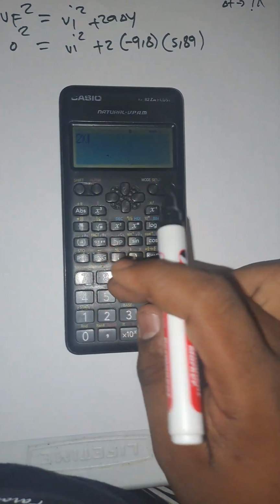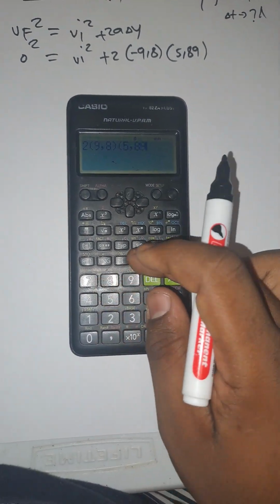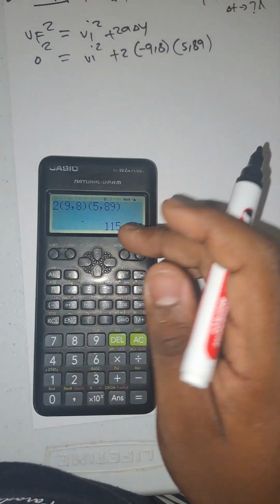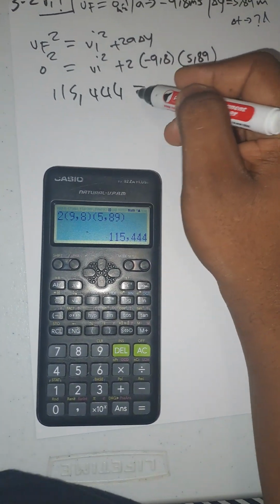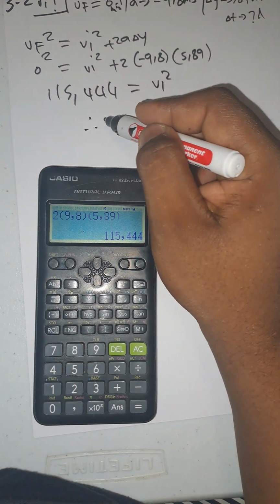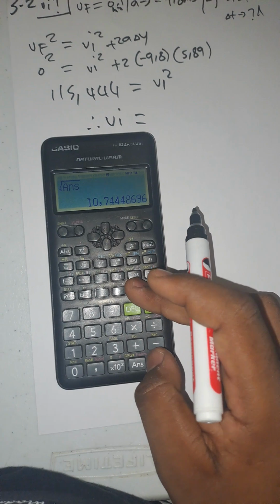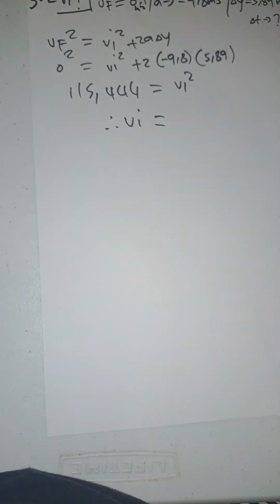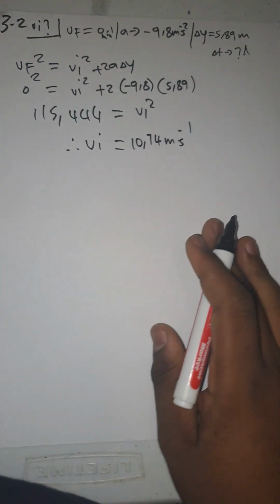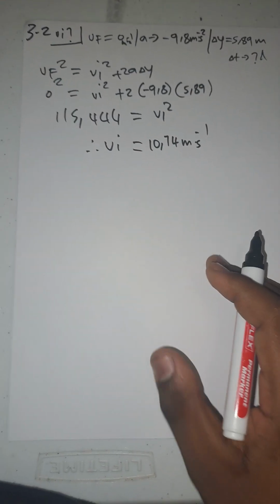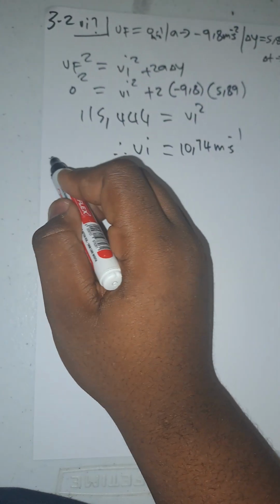What is 2 times 9.8 times 5.89? It is 115.444. So 115.444 equals VI squared. Therefore when you take the square root, the answer is simply 10.74 meters per second. Can you see it? This is the final answer, the velocity with which the ball was projected upwards.